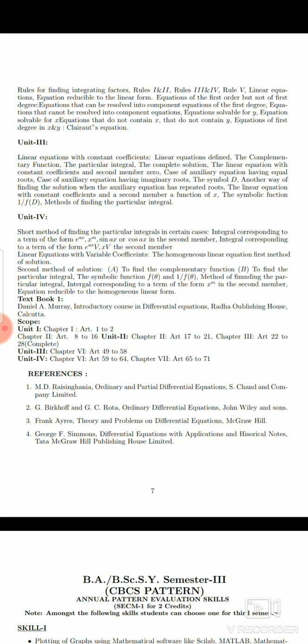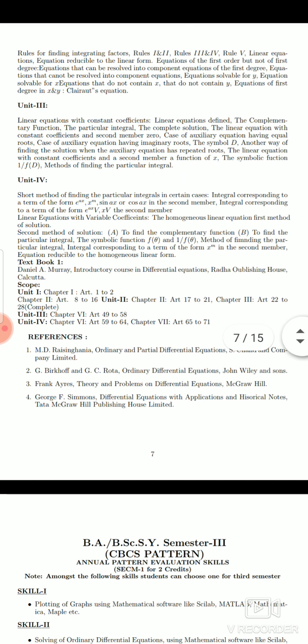And last article in this chapter, the symbolic function 1 by f of D, method of finding the particular integral.